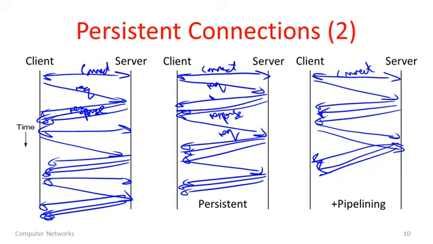It'll answer the first request first maybe, then it'll answer the second request. So really the answers for these 2 requests have been combined together. We're not waiting this extra round trip time to be able to send the request and get the response back. So let me just clean that up.